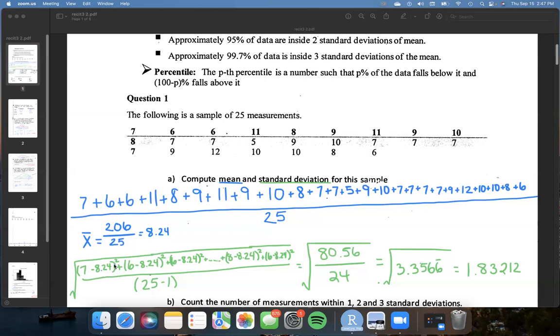And we're squaring them because some numbers before we square them will be negative, like 7 minus 8.24 will be negative. But we can also get positive deviations. So when we square them, we just get the magnitude of the deviations. And then you divide it by the sample size minus 1.